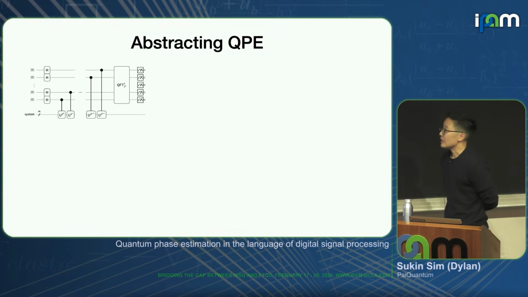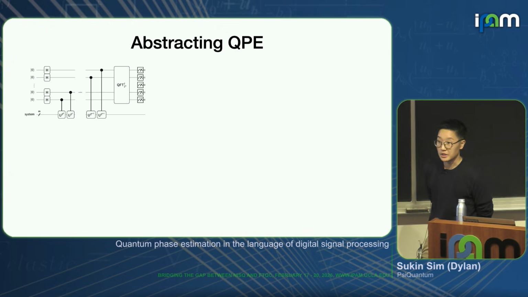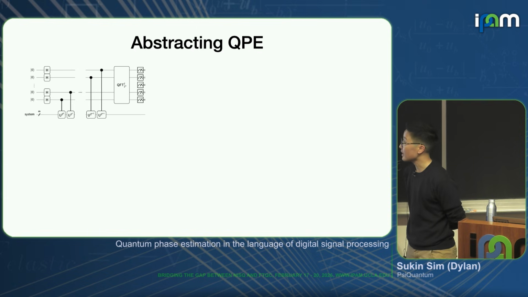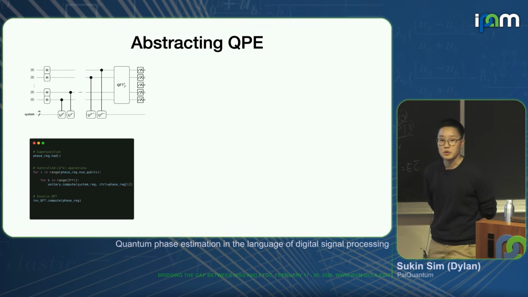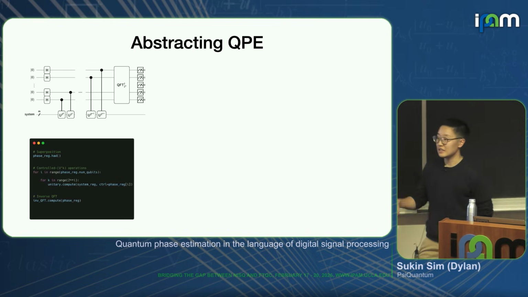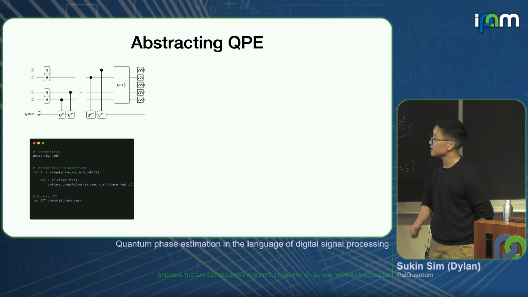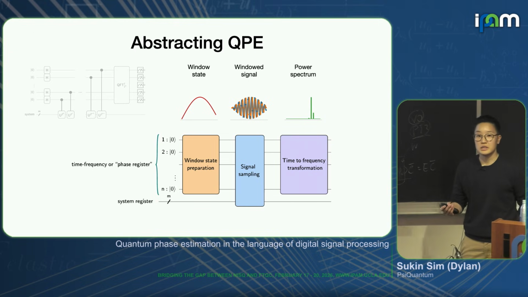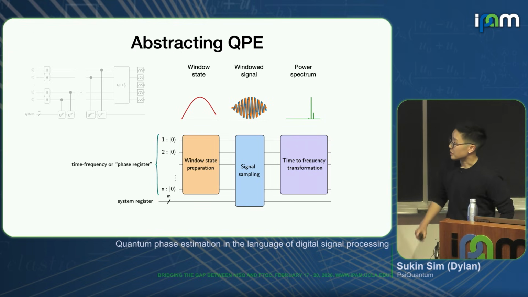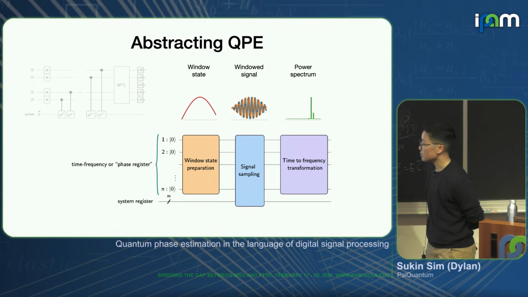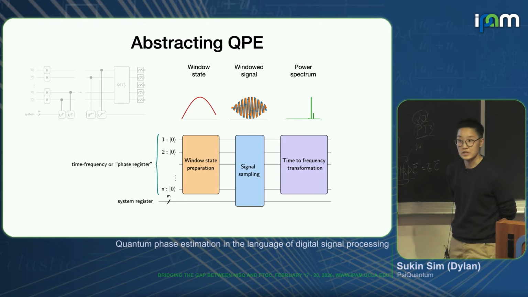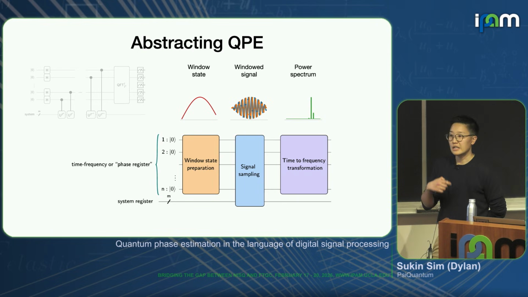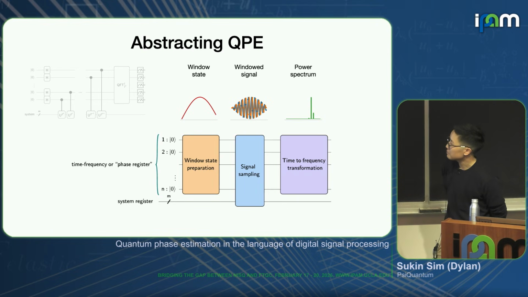And so to take a step back and abstract phase estimation, today we walked through how textbook phase estimation is taught and how that really dictated how we write code and how limited in extensibility it can be. And so instead, perhaps a new type of abstraction that we should think about is this signal processing picture with this window state prep, followed by recording of the signal, as well as the time to frequency transformation in order to get your power spectrum.